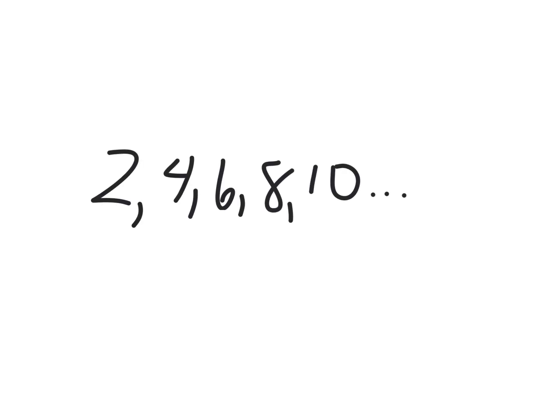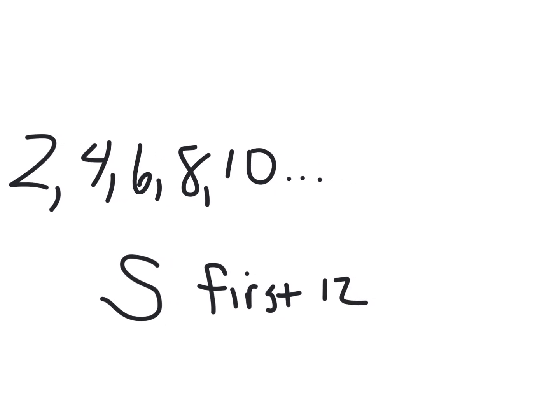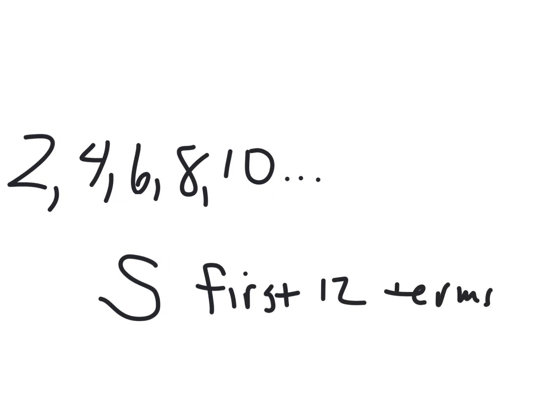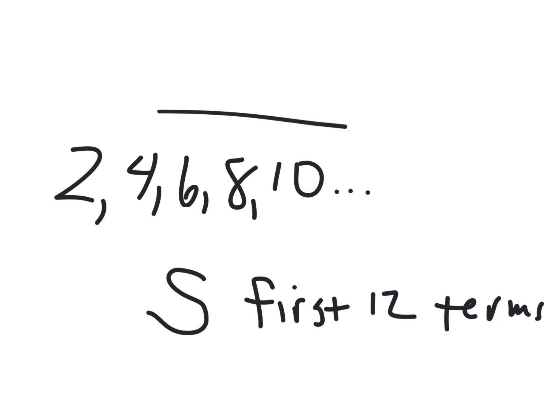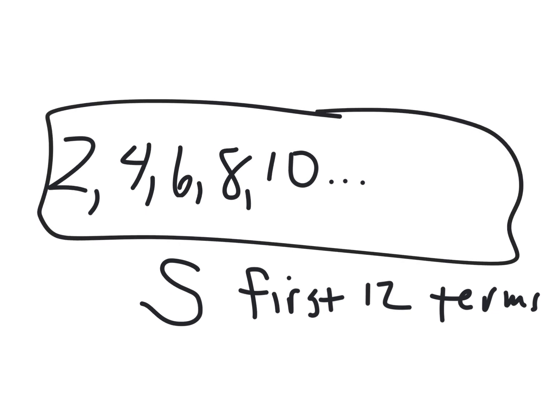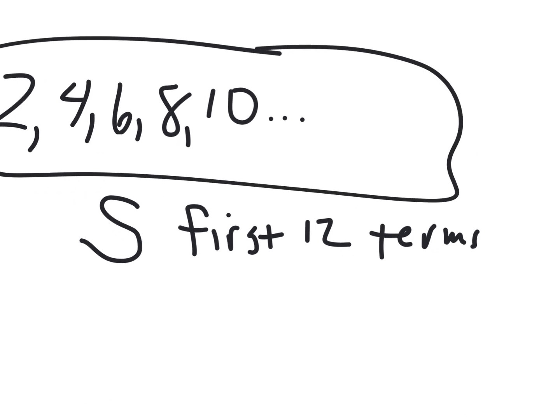If I give you 2, 4, 6, 8, 10, these are the even numbers, obviously, right? What's the sum of the first 12 terms? It sounds like a bunch of busy work, like you just have to figure out all the 12 terms and then add them all up. But there's an equation that does it.